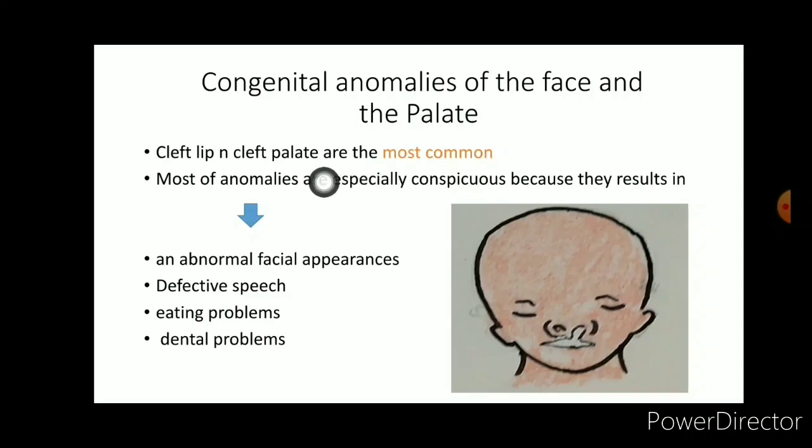Cleft lip and cleft palate are the most common facial anomalies. Most of the anomalies are especially conspicuous because they result in an abnormal facial appearance and also cause defective speech, eating problems and dental problems.